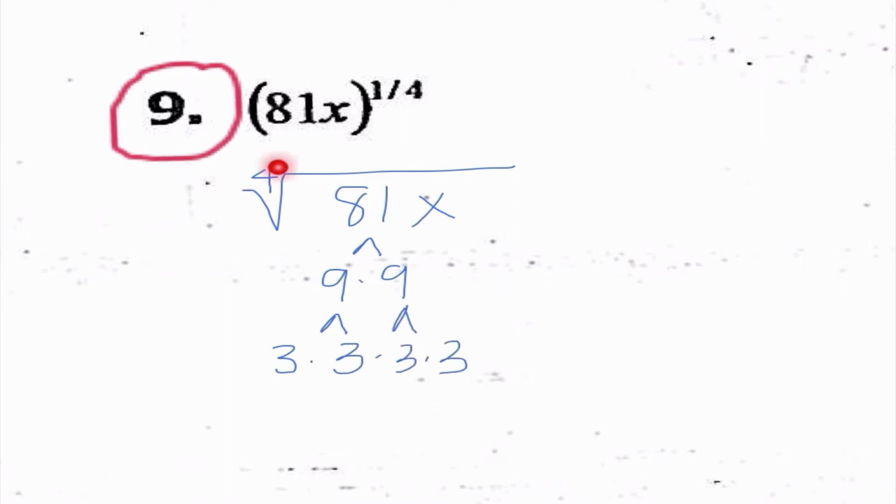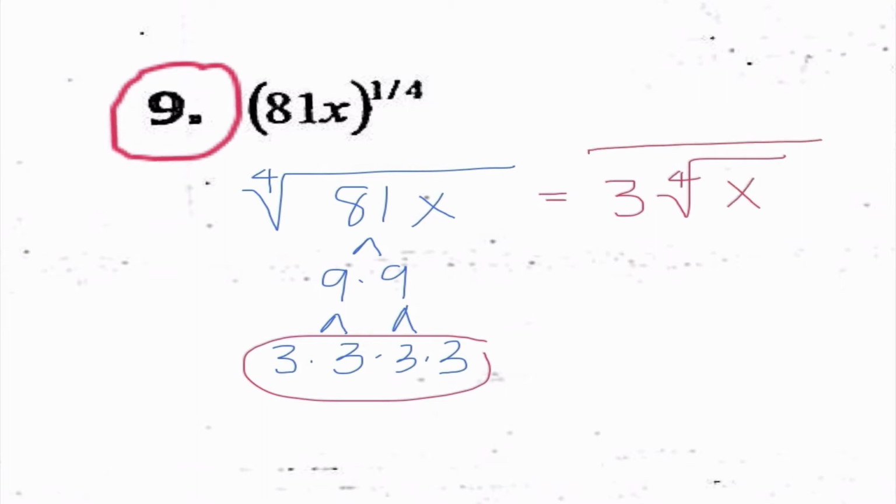This index number of 4 tells me I need a group of 4 things to take it out. So I can take this 3 out. Unfortunately, I have this x left over, so I have the 4th root of x. So my answer is 3 4th root x. That's as much as I can simplify.